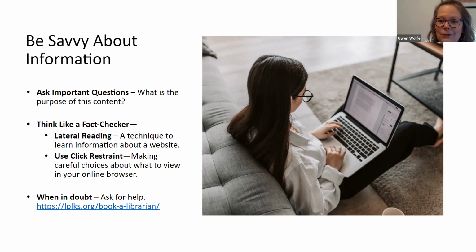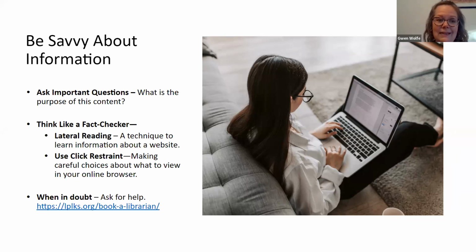So Stanford University has created a curriculum called Civic Online Reasoning. And it's a way of teaching individuals how to find information online and identify it as good information or not. And it's based on really two simple steps. And all of it comes down to thinking like a fact checker. And you may or may not be familiar with fact checkers.